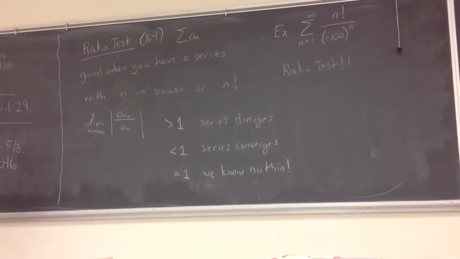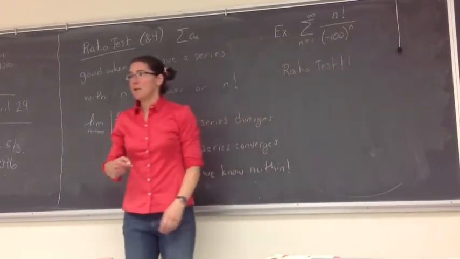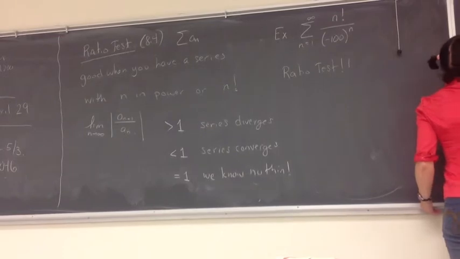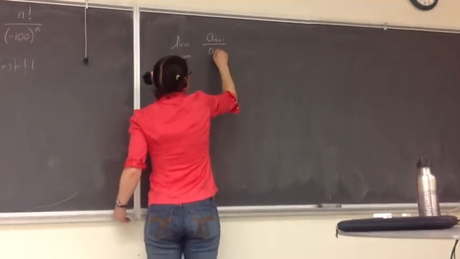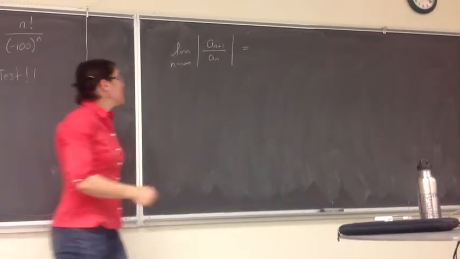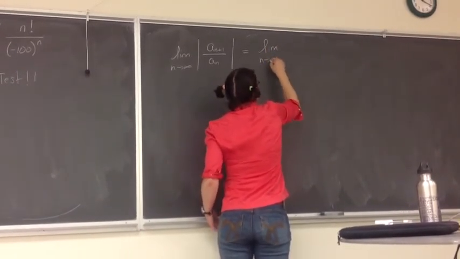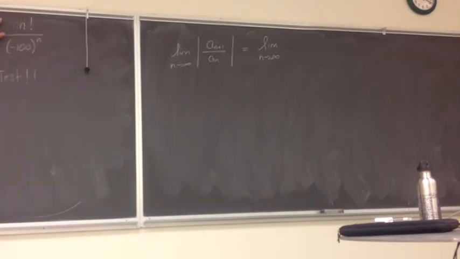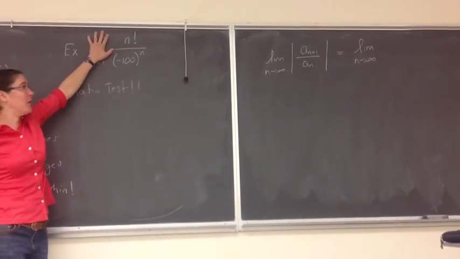Okay, let's take a look at this particular series. I see a factorial and an n in the power, so I definitely want to apply the ratio test. I set up my limit as n approaches infinity of a_{n+1} over a_n. For a_{n+1}, I cover up the series symbol and look at the terms, and everywhere I see an n, I replace it with n plus 1.